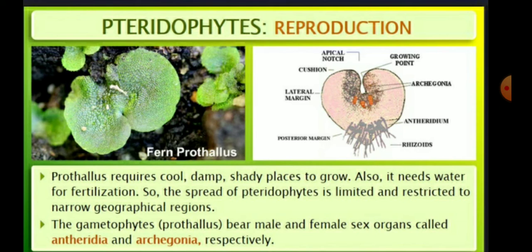The prothallus requires cool, damp, shady places to grow, and it also needs water for the fertilization process, so the spread of the pteridophytes is limited and restricted to narrow geographical regions. The gametophytes, meaning the prothallus, bear male and female sex organs. They are called the antheridia, the male sex organ, and the archegonia, the female sex organ.